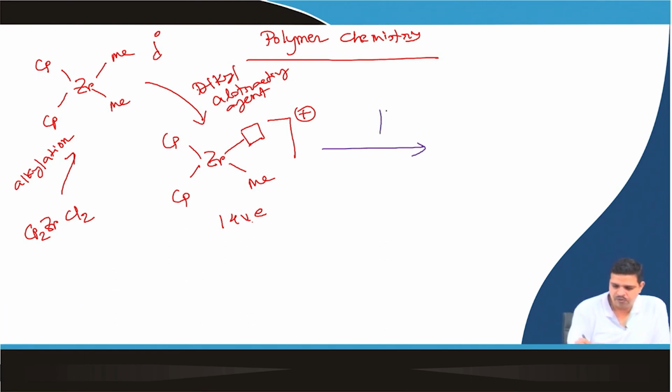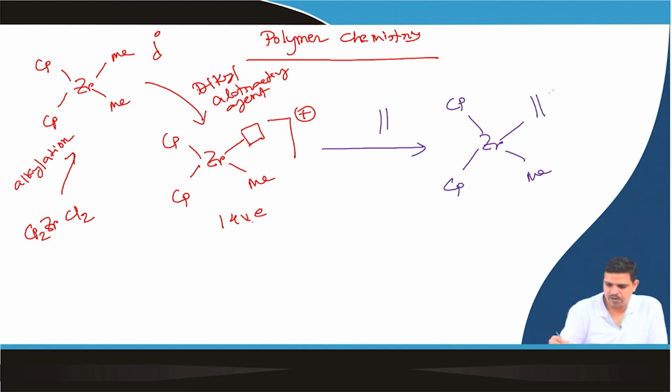How? Because you see that if you take the alkene, it has a vacant coordination site, so it reacts like this one and undergoes insertion reactions. So this is alkene coordination.